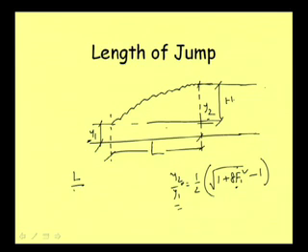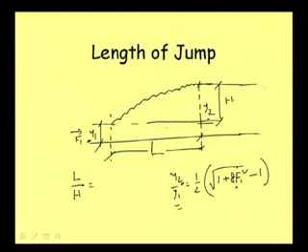For length by height of the jump, we can have a definite ratio, because a lot of experiments were carried out and it was observed that for different types of jump this ratio remains within a limit. It depends on the Froude number 1.